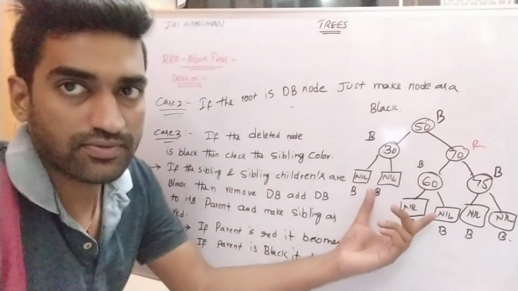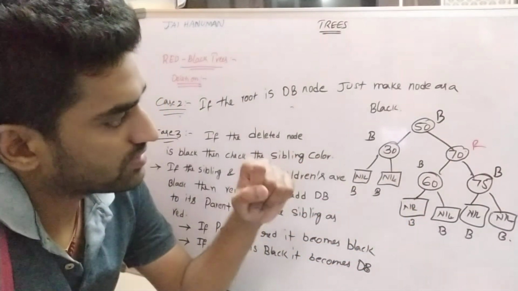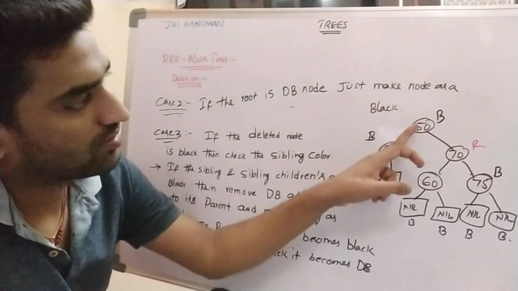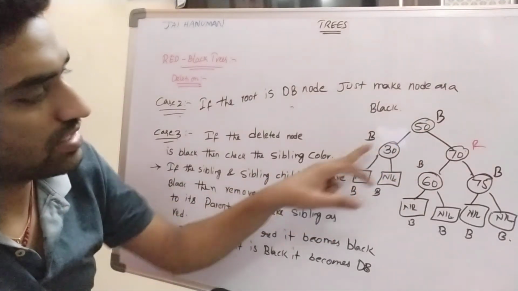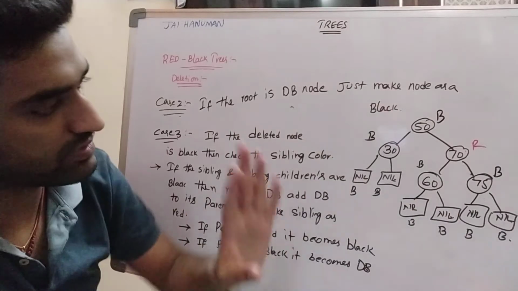Right, so now check whether the tree is a red black tree or not. So here the root is always black, and every path from root node to nil node has an equal number of black nodes, 3 3 3, right? So that's why this is a red black tree.